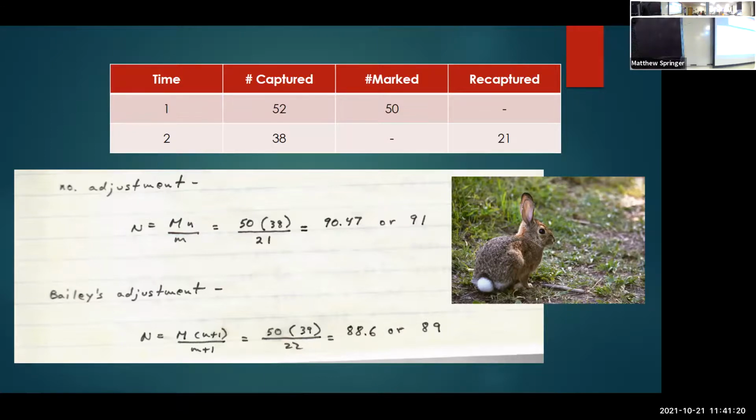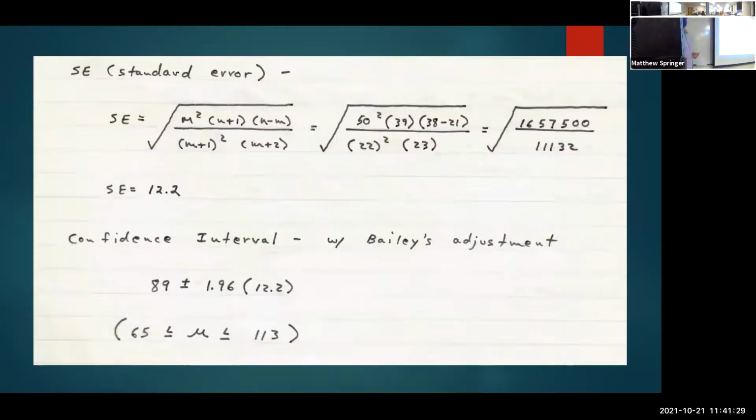And our little m. Thank you. Okay. So how does that factor in when we actually calculate this out? Total number of marked individuals. Okay.